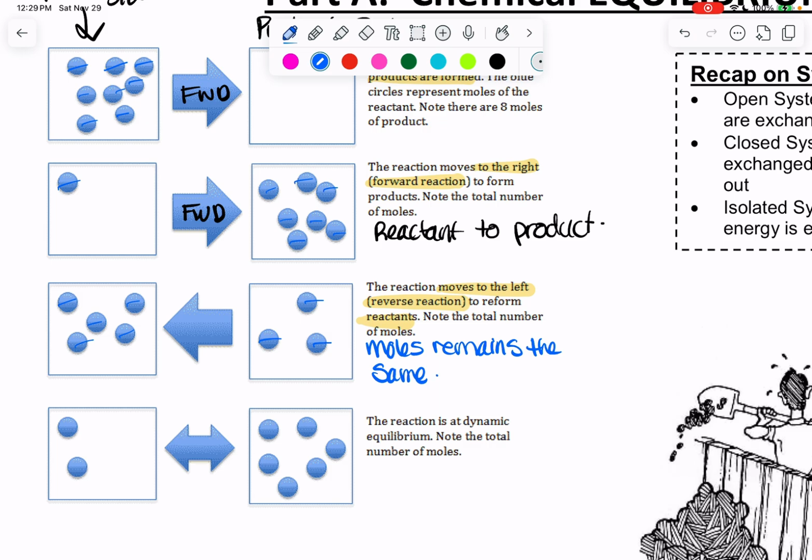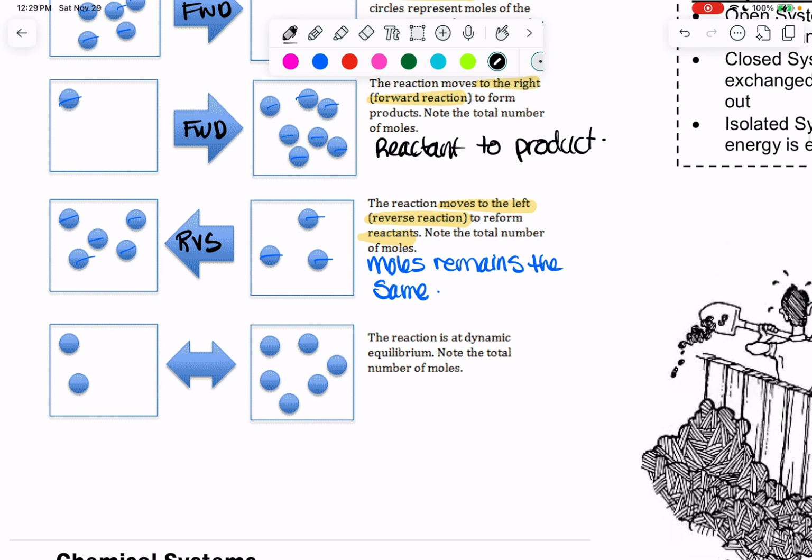We're just seeing the reformation of those reactants. So it's the reverse reaction, RVS, reverse. And we call this reaction in dynamic equilibrium because what we see is the forward and the reverse reaction happening at the same time.